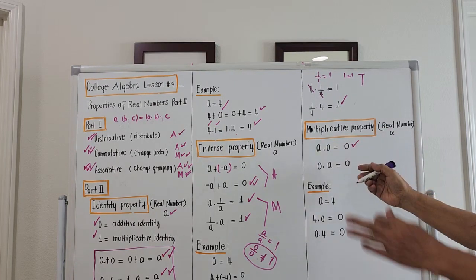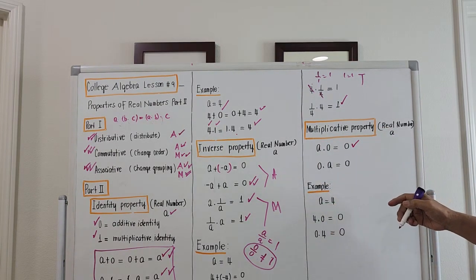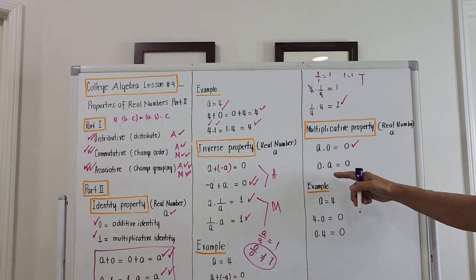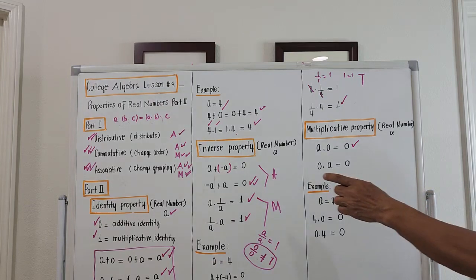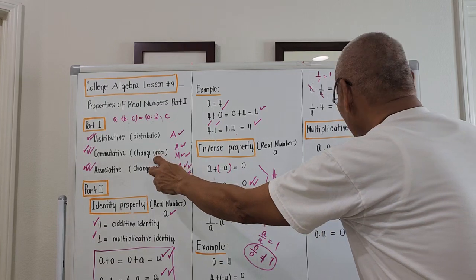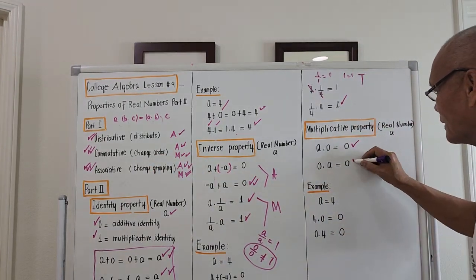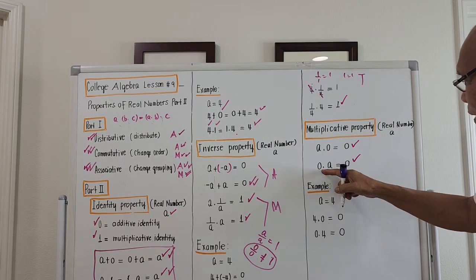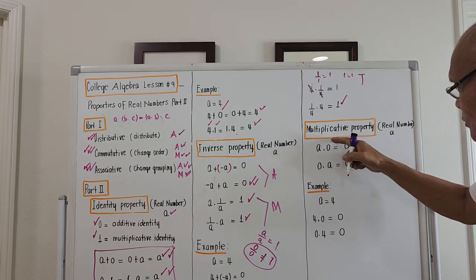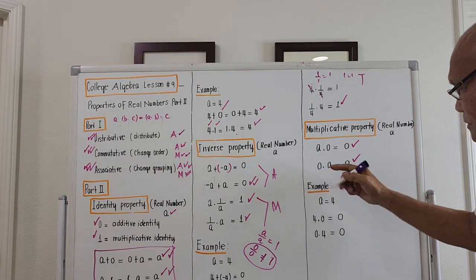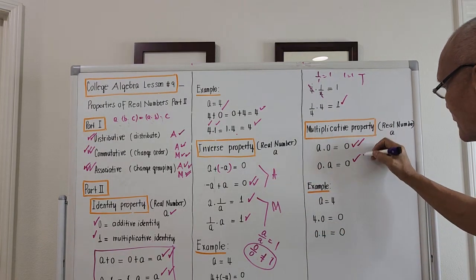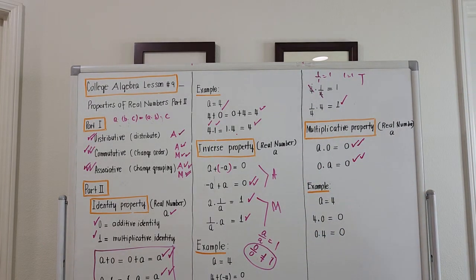Or we take the reverse of that one. It seems we are under the so-called commutative, right? We change the order. 0 times a will still be 0. Whether this 0 is the second one or the first one, the product will still be 0. So don't forget that one.